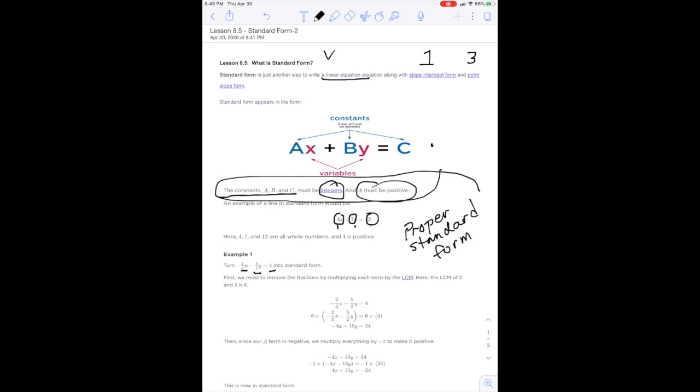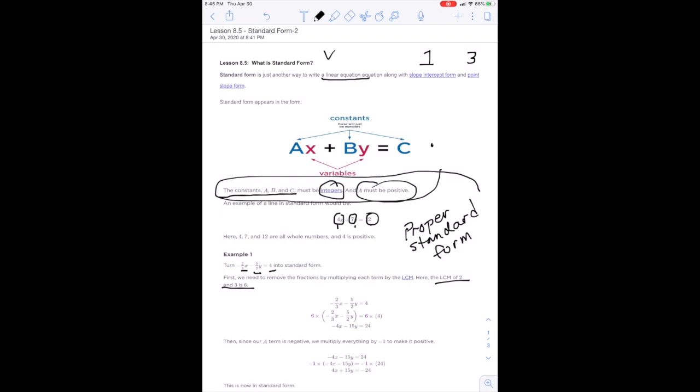We're going to multiply by a least common multiple. That is a number that when I multiply the fractions by it, will get rid of the fractions and turn them into integers. The least common multiple of 2 and 3 is 6. That's the smallest number that I can multiply both of those numbers by and get an integer.